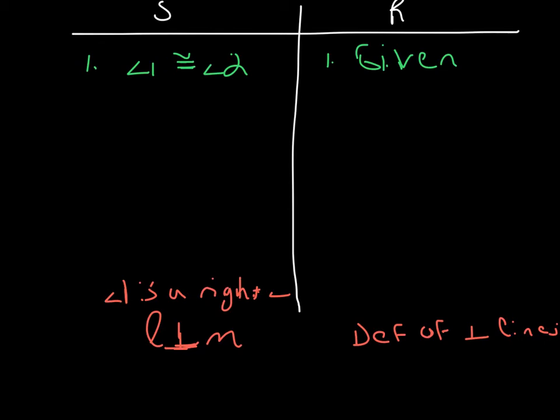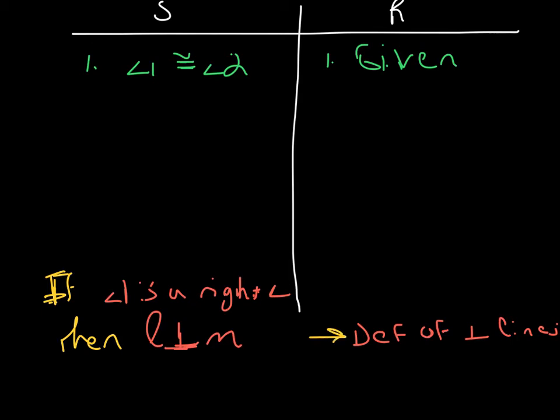And again, I can't just go making stuff up and saying I know that, but I can use that as a goal of if I got to here, then I could read to myself this way. If angle 1 is a right angle, then L is perpendicular to M by definition of perpendicular lines.